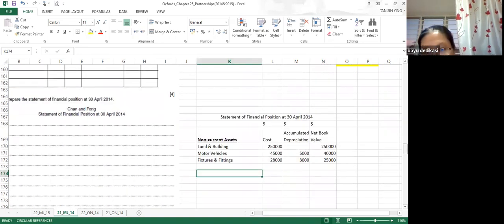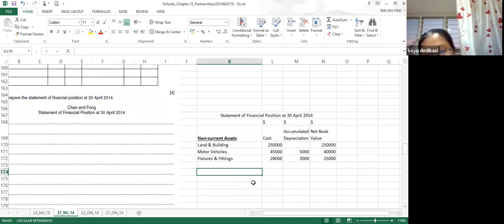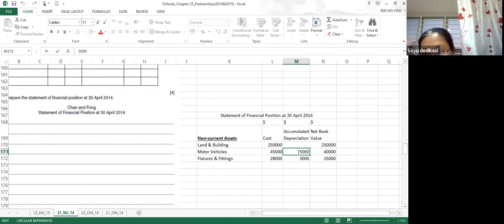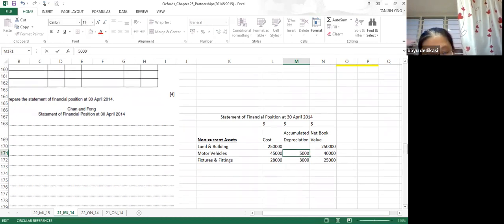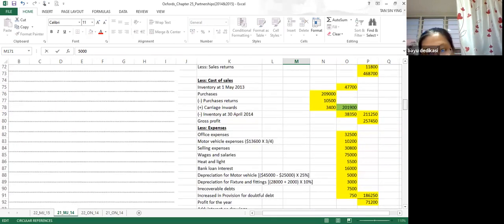Okay. Remember I said accumulated depreciation? How to find your accumulated depreciation? Look at your trial balance and look at your current income statement.